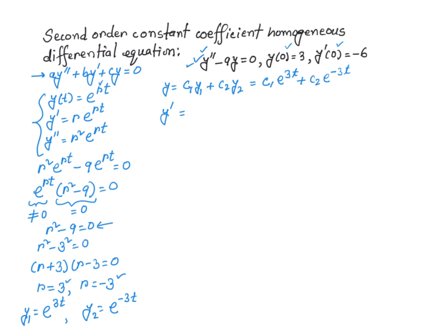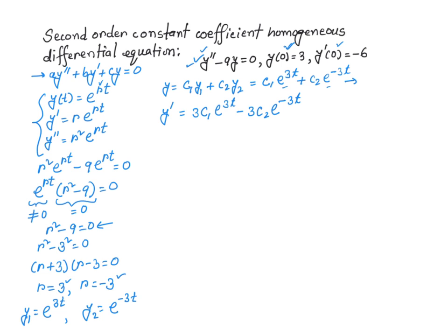Y prime is going to be 3 c1 e to the power 3t minus 3 c2 e to the power negative 3t. And remember, t is equal to 0. So e to the power 3t and e to the power negative 3t are going to be just 1, because e to the power 0 is 1.